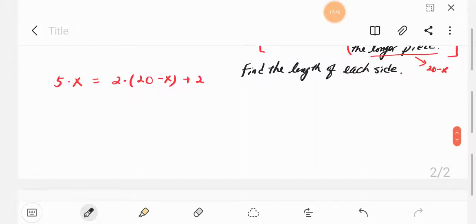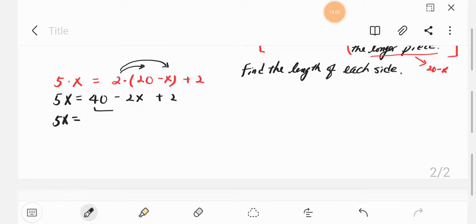So let's solve it. The left hand side is 5x, the right hand side is what? Distribute. 2 times 20 is 40 minus 2x plus 2. Then simplify the right hand side because we have 2 constant terms: 40 plus 2 is 42, and minus 2x.